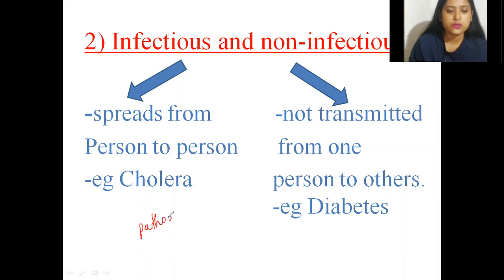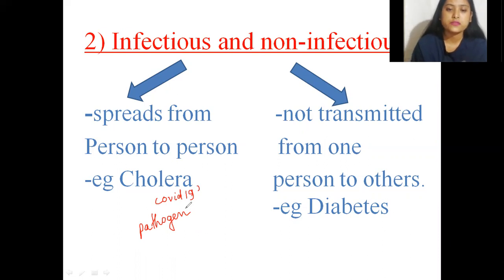The disease causing agent is known as pathogen, and if you have that germ in you and you are in contact with your close relatives, your parents, your brothers and sisters, it might get spread. You can consider the example of cholera. Also in today's time, you can consider COVID-19. So it is an infectious disease which spreads from person to person.